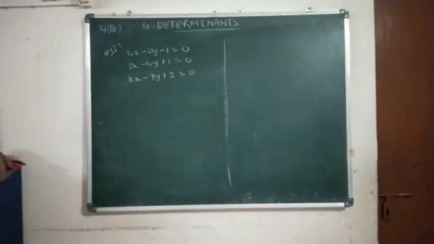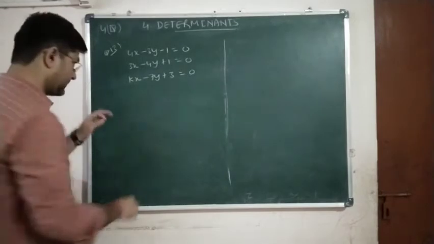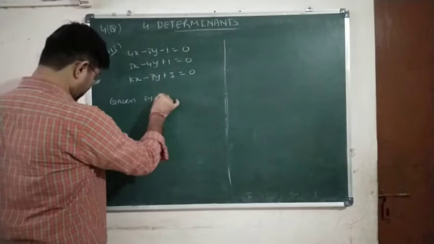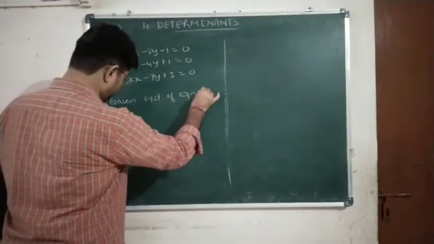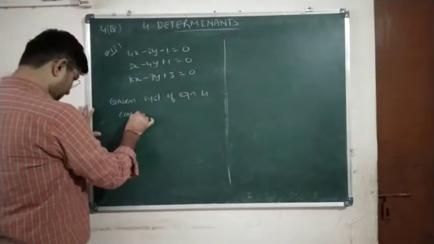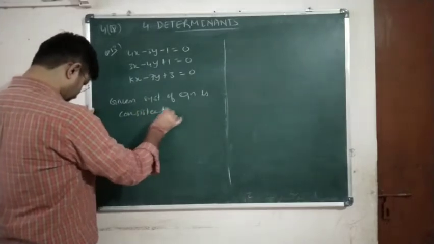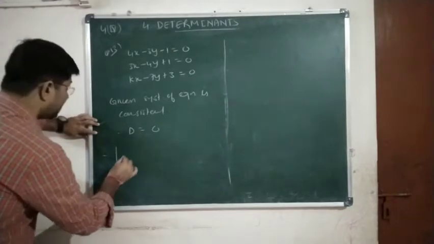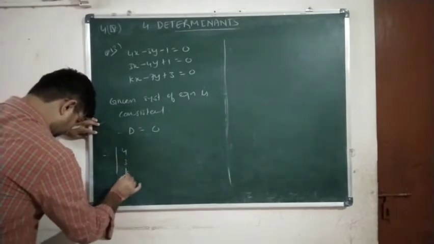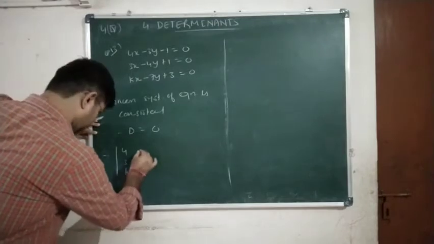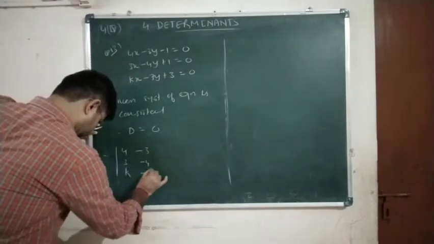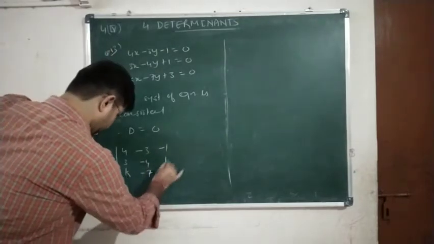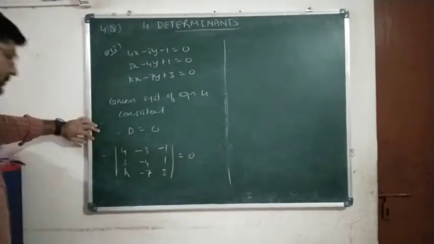Okay, it is given that the system of equations is consistent and therefore D is equal to 0. Therefore determinant 4 3 k, minus 3 minus 4 minus 7 and minus 1 1 3 equal to 0.